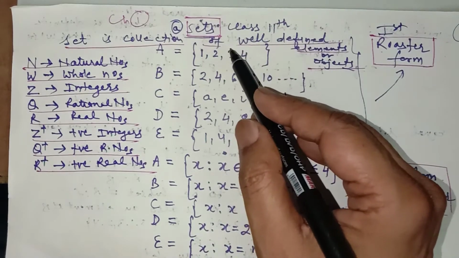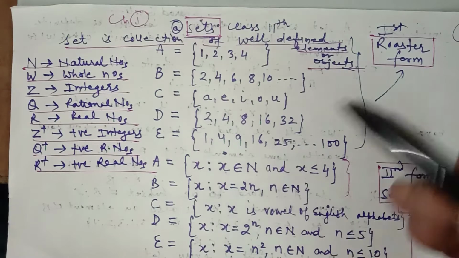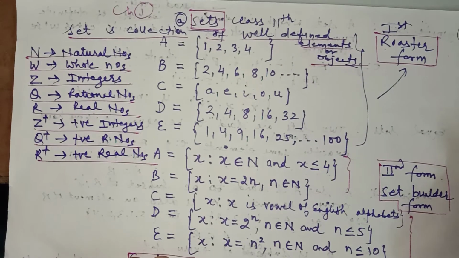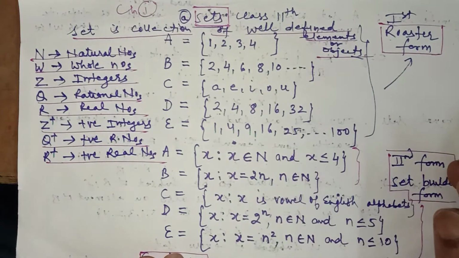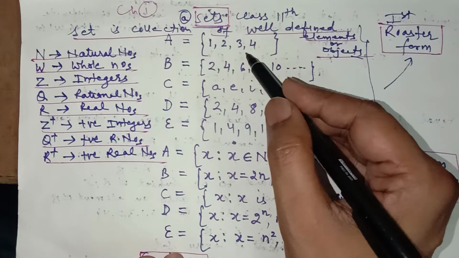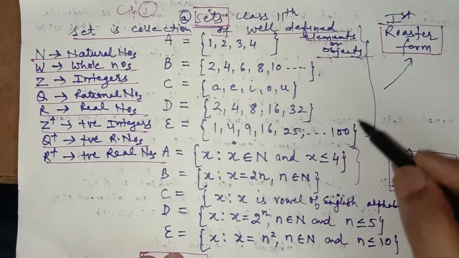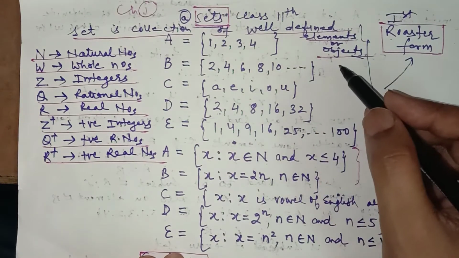Now what is a set? A set is a collection of well-defined elements. What is a well-defined element? We'll discuss it in the exercise of the NCERT. We'll take different examples to find the difference between well-defined and not. If I take a collection of honest persons of the world, honest is not a well-defined element, so we cannot define that set.